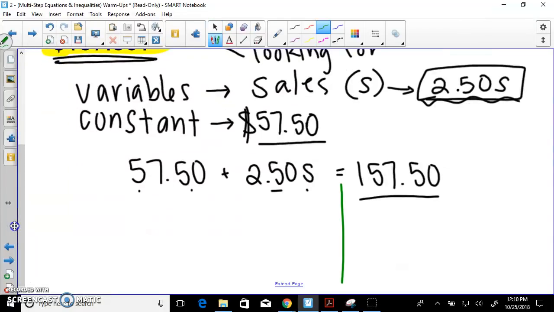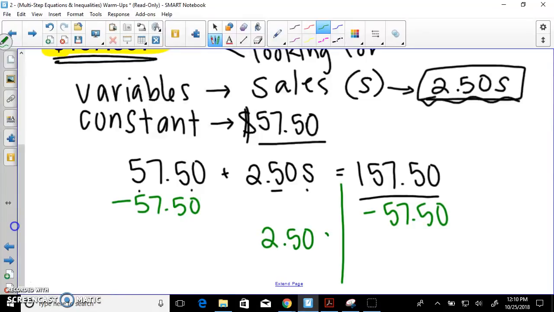Let's do that. It's just a two-step equation. Subtract 57.50 on both sides, and we're left with 2.50S equals 100.